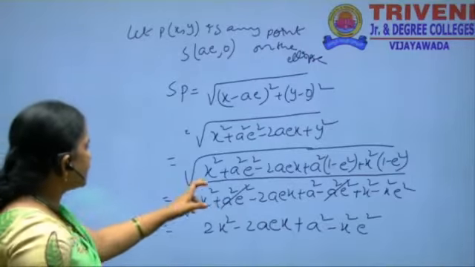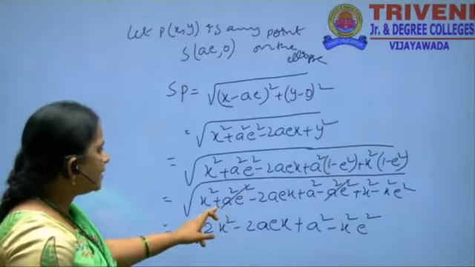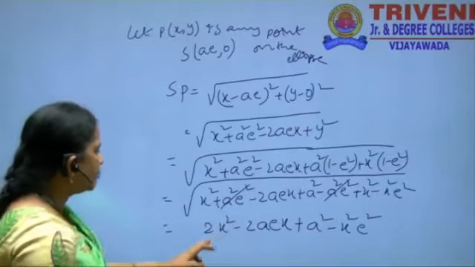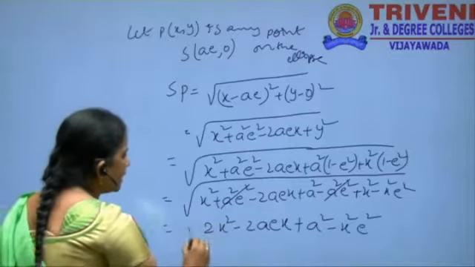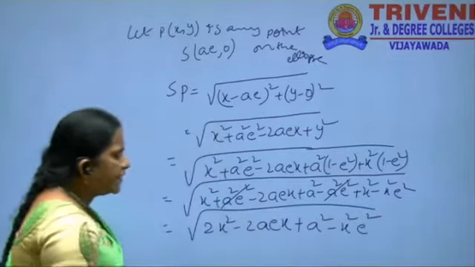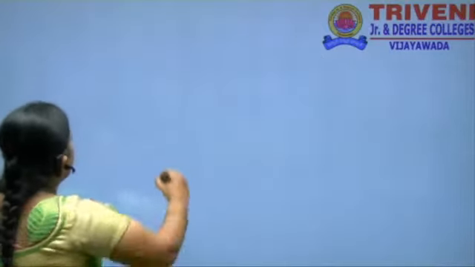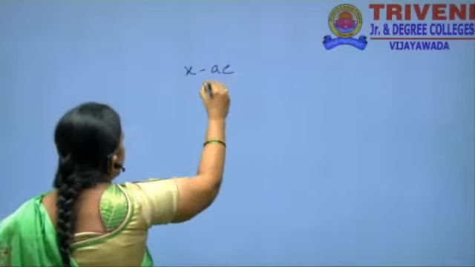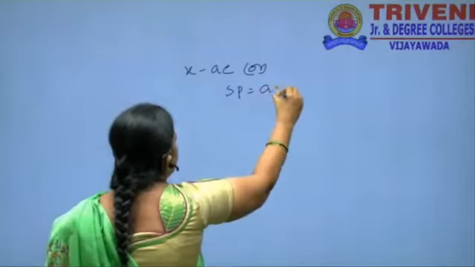The x square e square and a square e square get cancelled, and the remaining value is 2x square minus 2aex plus a square under the root. Then we have x minus ae, or ae minus x. We have SP is equal to ae minus x.